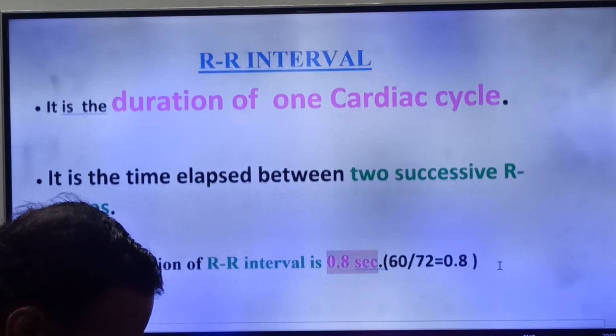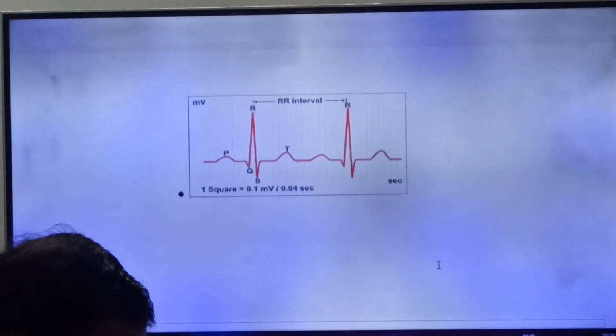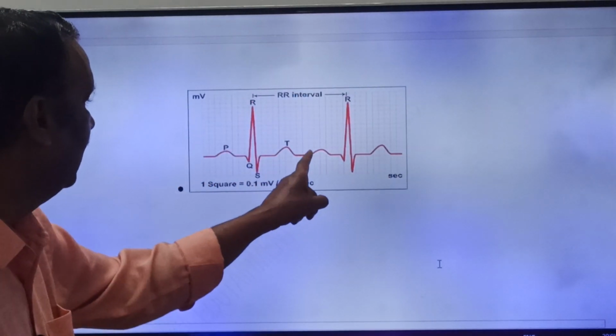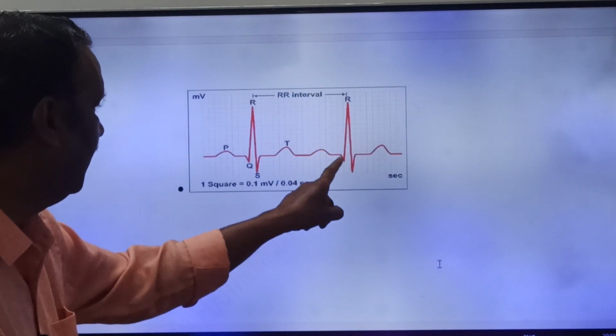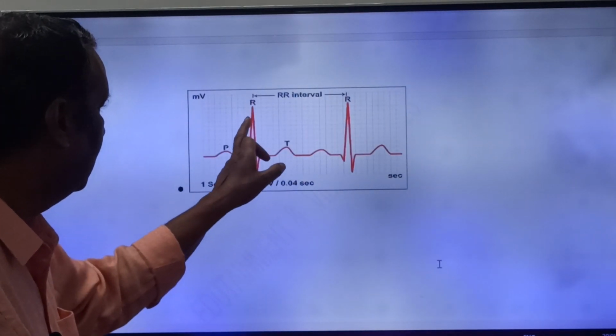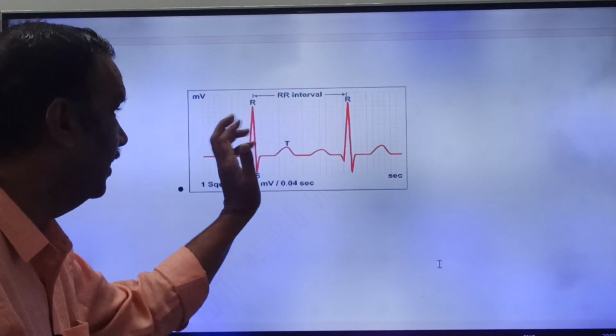Now come to RR interval. It is the duration of one cardiac cycle. Friends, this is R, this is one cardiac cycle. Next, another cardiac cycle starts here: P, Q, R, S. So this is one R, this is another R. This is one cardiac cycle, this is another cardiac cycle.